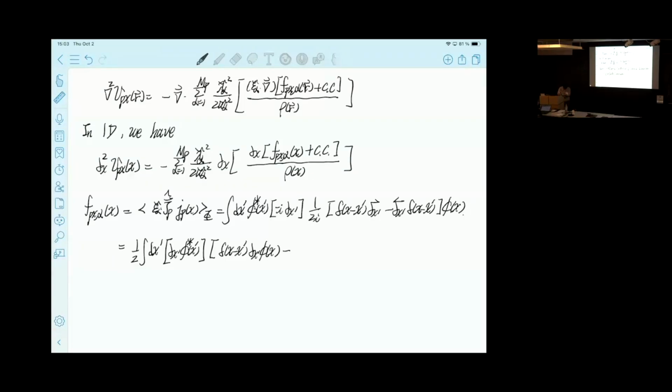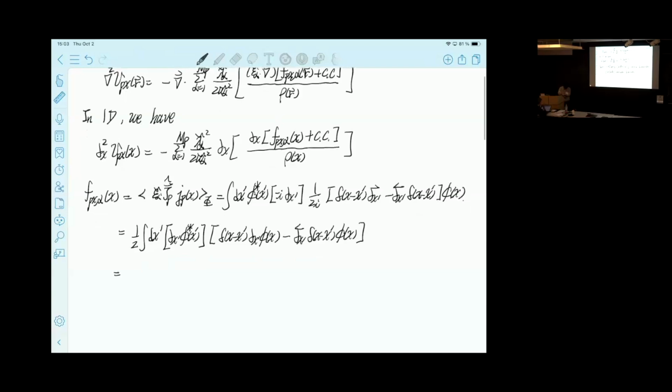I don't notice it. Divided by 2x. Divided by 2x. X, yeah, but dx. Dx, 2 dx.